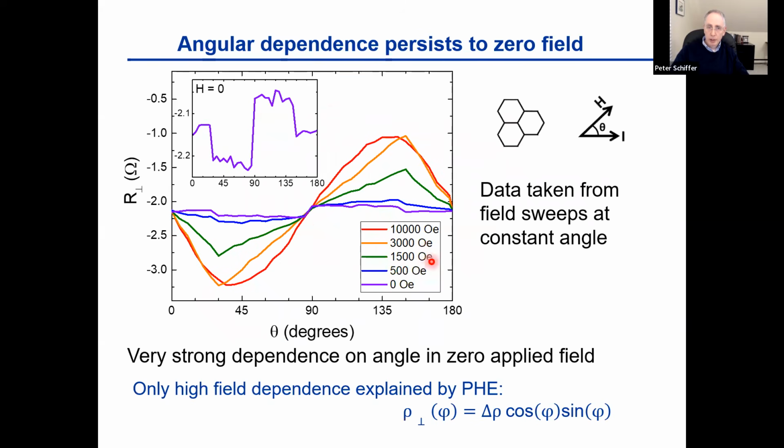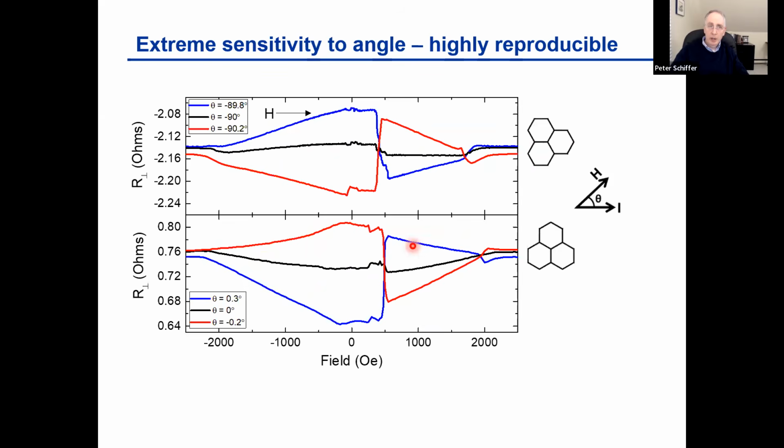So, for example, the curve here at 500 Oersted is the value at 500 Oersted, and so the 0 field value is the value that it had at 0 field, and then we did the sweeps at different angles. I see.